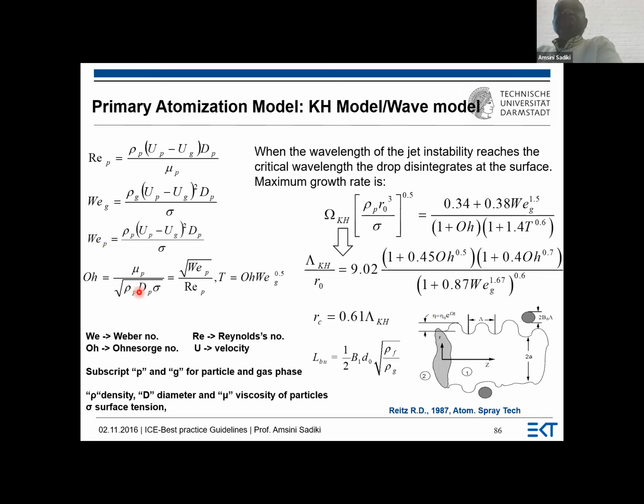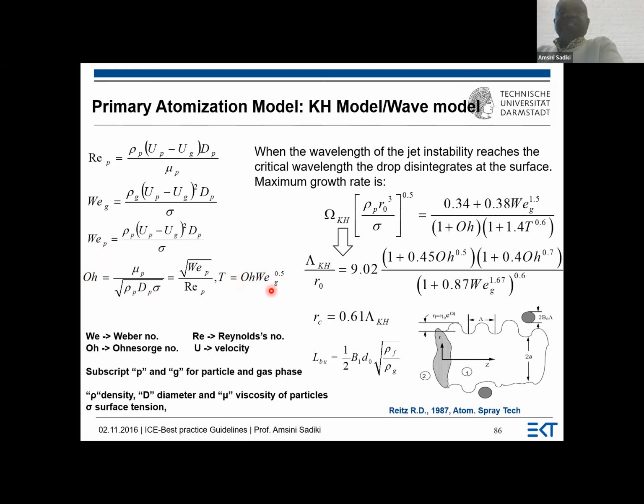We have the Ohnesorge number, the quantity we defined yesterday, if we put the Ohnesorge number and the Weber number together. And we need this quantity here, and we need also this. And from these two, we have to derive the first droplet diameter.